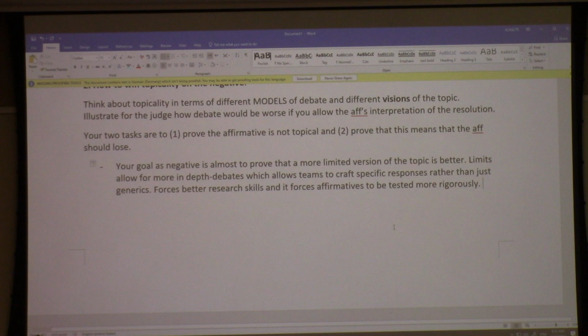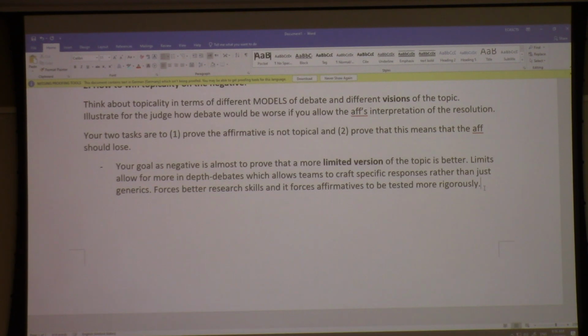And I will say that when you're negative, limits is a pretty easy thing to convince judges on. Most judges have been exposed to really unlimited topics in the past. Most educators know the importance of these things. So if you talk about a more limited and predictable version of the topic, most of the time you will fare pretty well in the negative, in topicality debates.